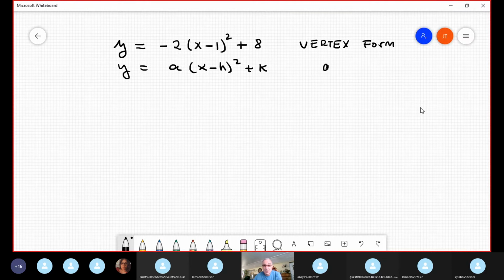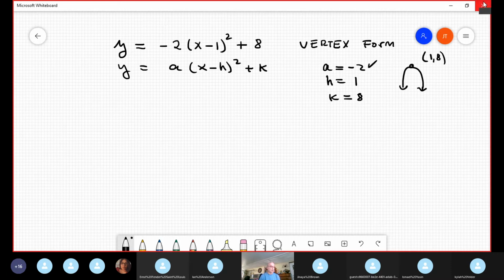And you can see clearly that a is -2, h is +1 and k is +8. So you determine that our parabola opens down because a is negative, and the vertex is 1, 8.